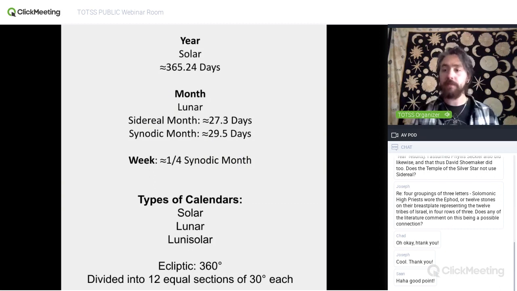Because of the way that patterning of new moons works, and it works with full moons as well, most lunar calendars begin with the new moon, so I'm just using that. So over the course of a solar year, the 365-ish days, you'll have approximately 12 new moons.